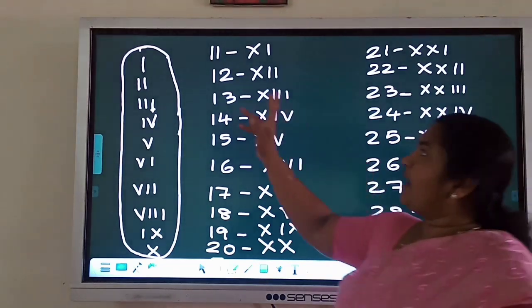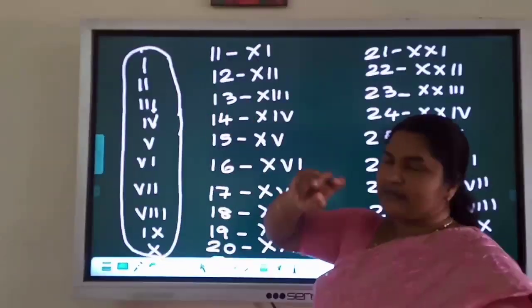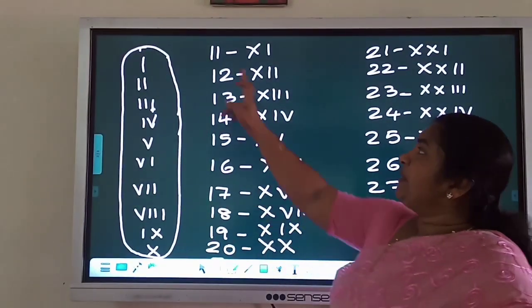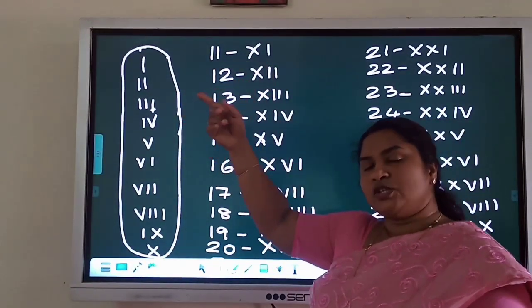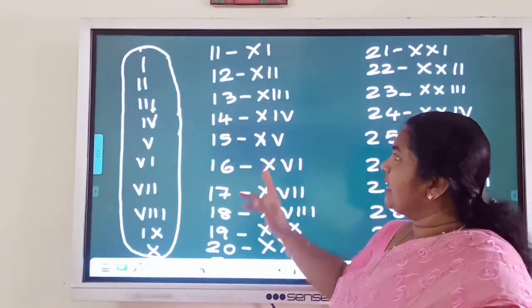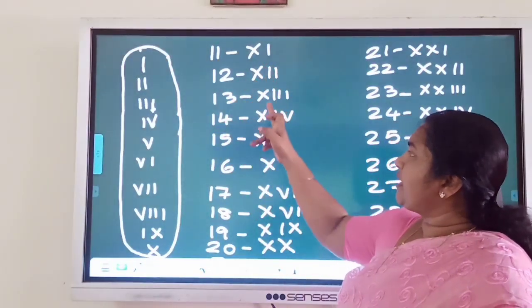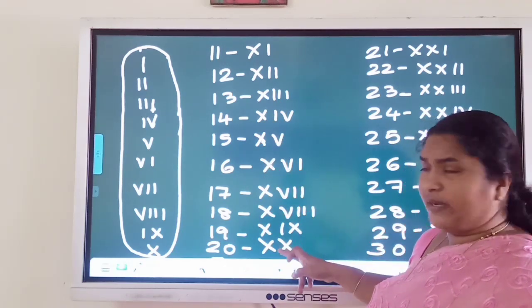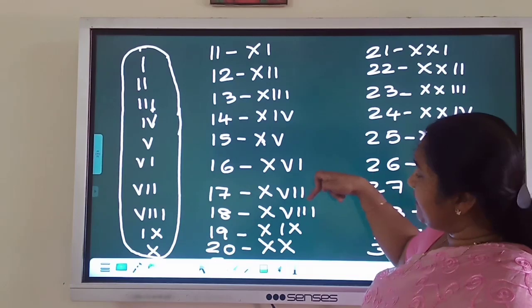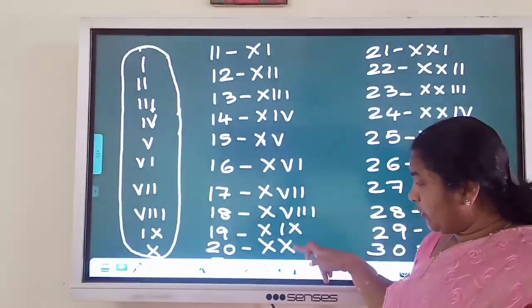So here how we have done, did you understand? Once more I will explain. Here all we have tens because 11 is 10 plus 1, 12 is 10 plus 2, 13 is 10 plus 3. Likewise, X everywhere where X is to be written. Then here 1, 2, 3, 4, 5, 6, 7, 8, 9. Here only the problem.